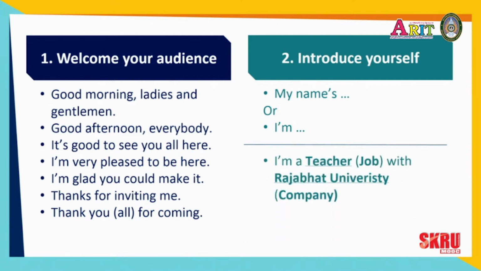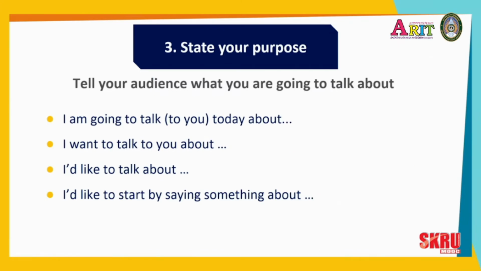So you would say your job and your company. So my name's Steve Judge. I'm a teacher with Rajaput University. So whatever your job or position and your company, because that explains the authority of why you're an expert speaking to your audience.